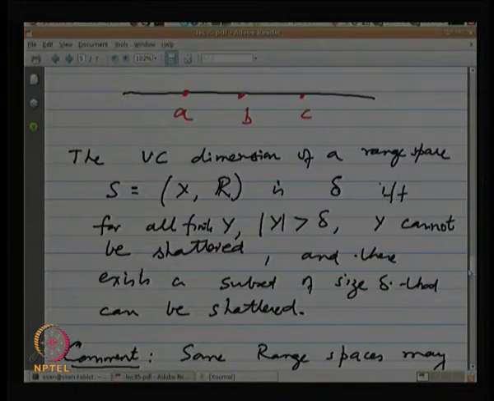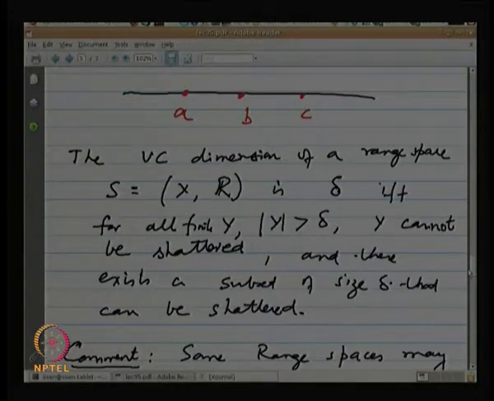A finite set of points Y can be shattered if the number of ranges in the range space is equal to the power set of the set of points, right. So, every possible subset of the given set Y has a corresponding range. That is when we say a set of points is shattered. The maximum number of points that can be shattered is called the VC dimension of the range space.